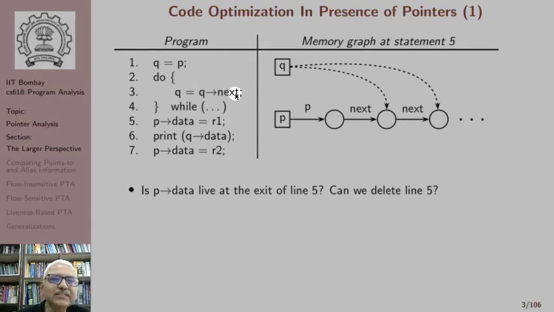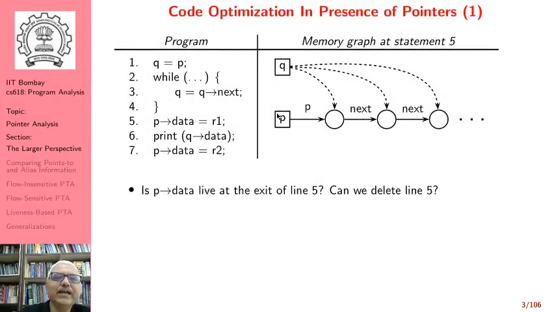What that means is, when we have a do while loop, this Q is guaranteed to have moved to Q arrow next, and therefore P and Q would not be aliased. We know for sure that P and Q are not aliased. Whereas when we have just a while loop, we cannot say statically how many times this while loop would execute.